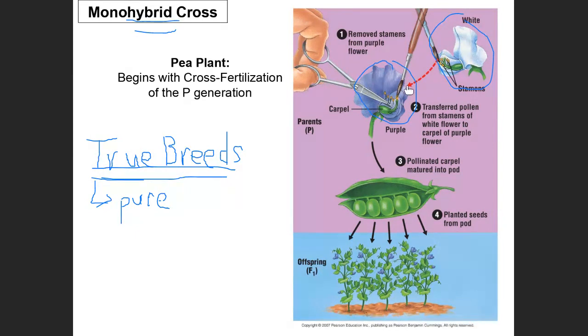From these two separate true breed parents, one that produces purple flower colors and one that produces white flower colors, he would always lose the phenotype for the one that grew white flowers. Only this parent's phenotype would appear in the F1 generation.